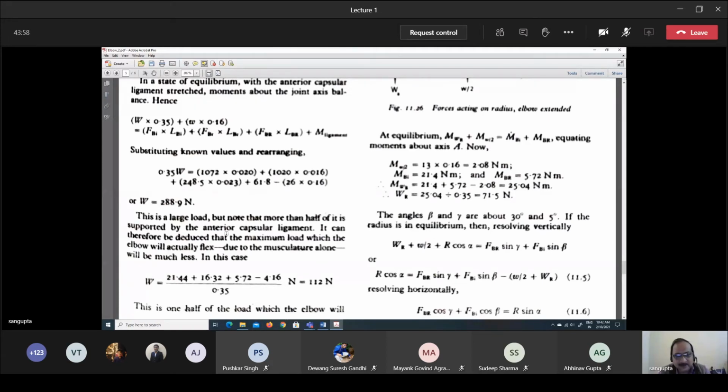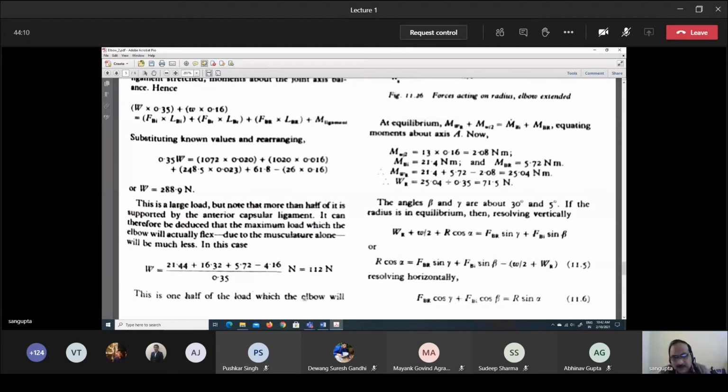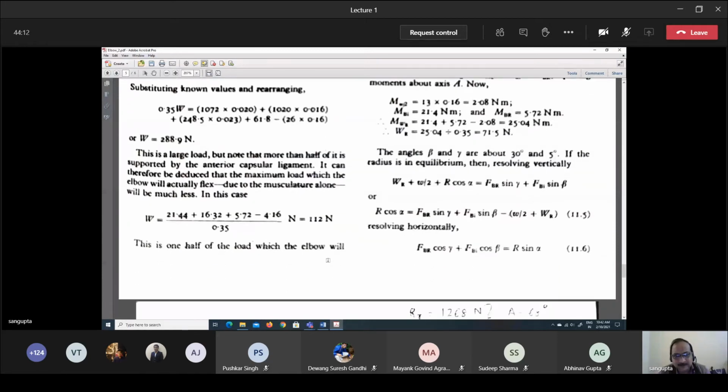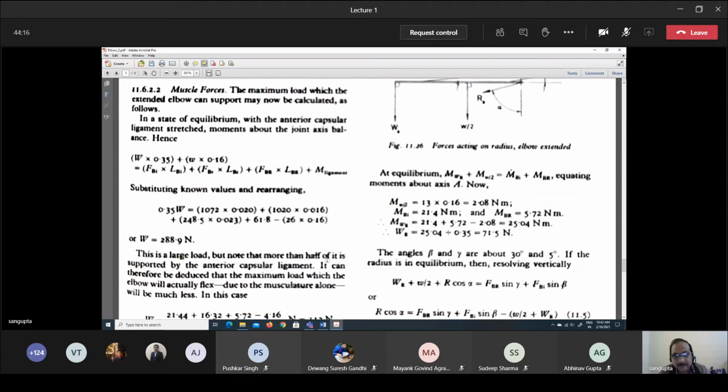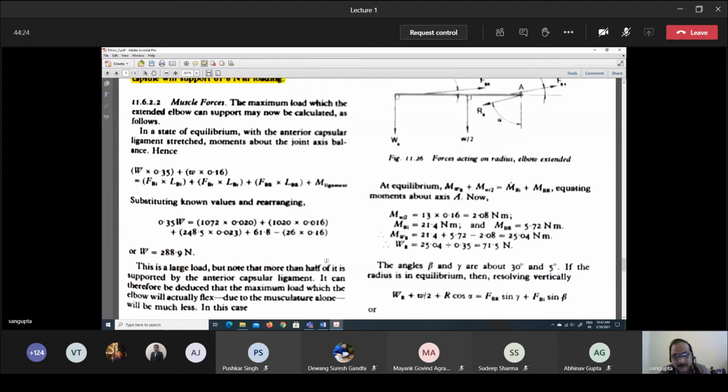So 176 plus 112 gives you about 288. So that is how it works. The rest is carried by the muscles. Did you get the point?